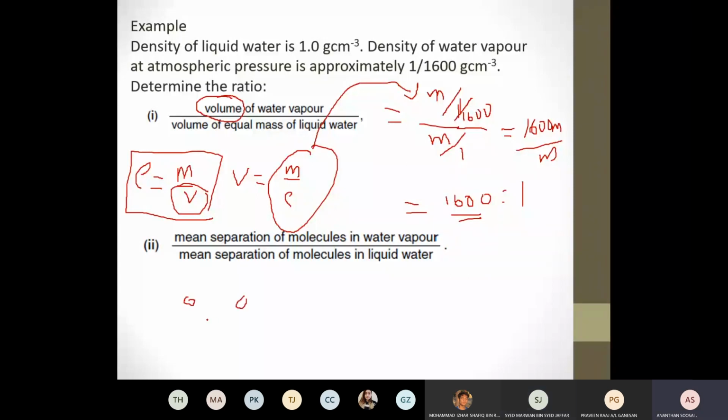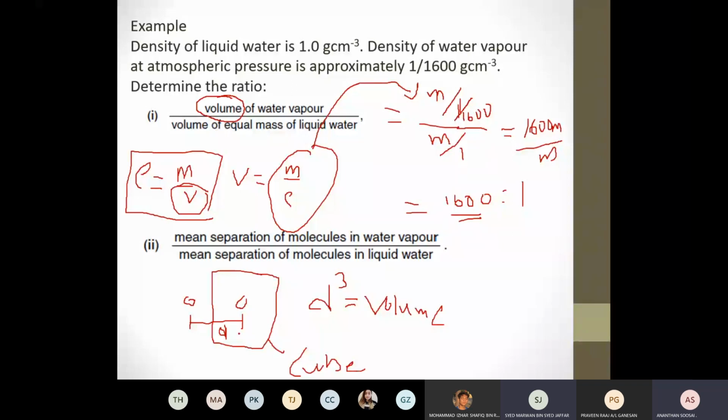Atom separation, let's say, is D. How is D linked to volume? The volume occupied by one atom is D cube. Please remember, because we treat the volume as a cube, the spacing cubed is your volume.